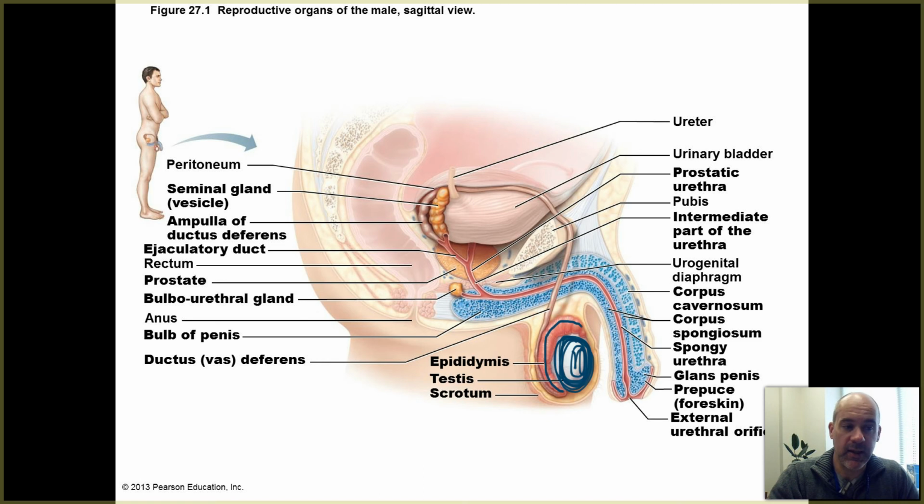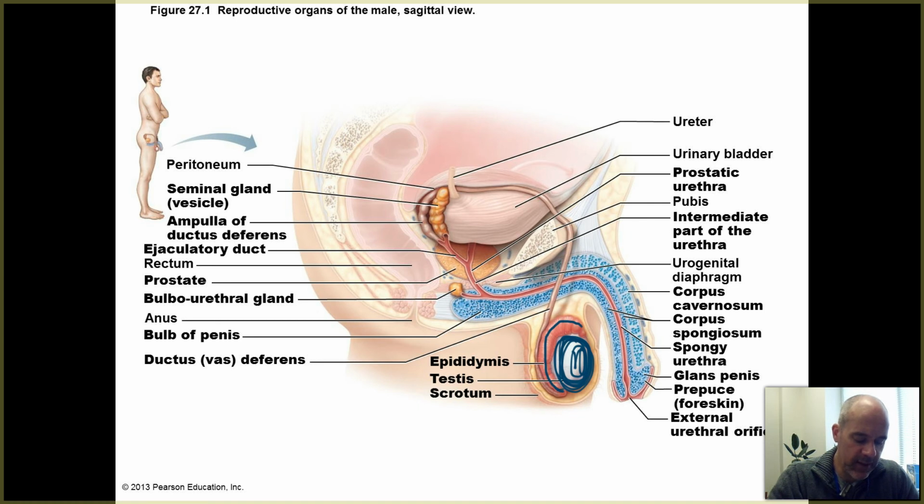And that is basically a wadded up series of tiny tubules which are about 20 feet long in an average male. And that's where the sperm cells continue to mature, and they're stored while they're passing through that long stretch of wadded up, folded up tiny tubes in there.